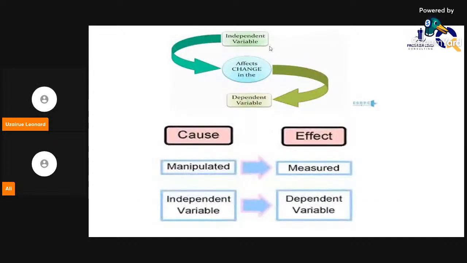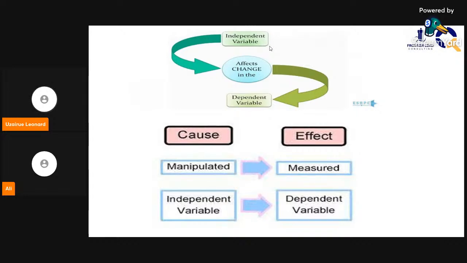Now, the next thing I need you to understand is what we call dependent and independent variable. When you say something is independent, it means it's not dependent on anything. The impact of another thing does not affect it. But when you say dependent, it means the impact of another thing affects that particular entity.